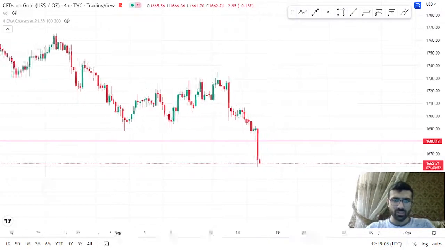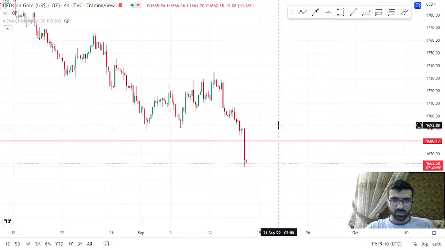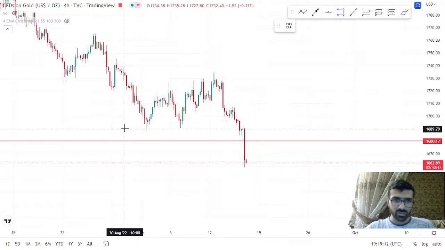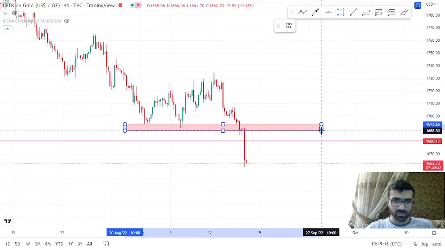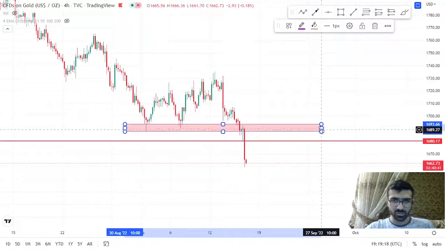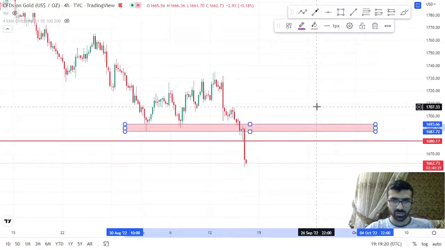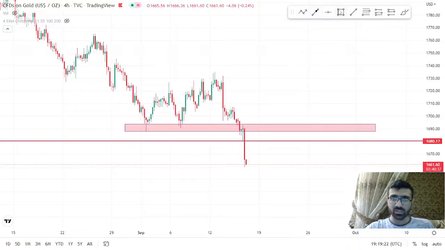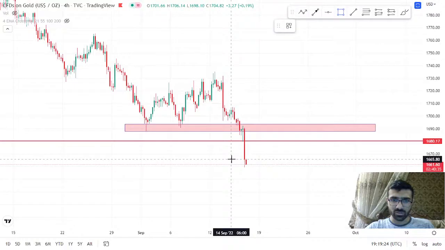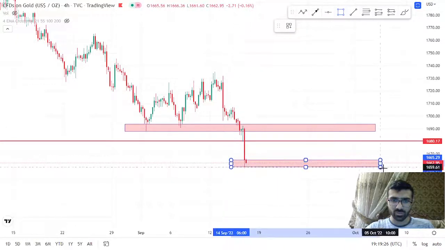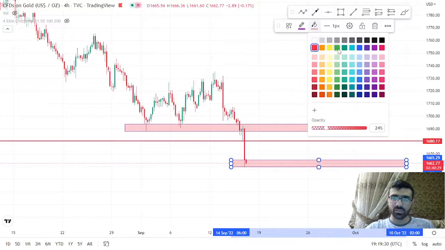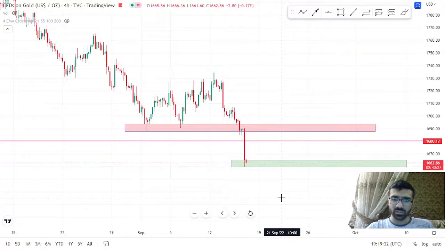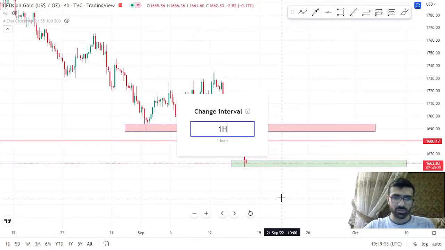Okay, so now currently this area is going to act as an area of short-term resistance. Okay, and another area, the most recent area of support, will be this area. Okay, so let me mark it in green color. So now let me go to the 1 hour chart.